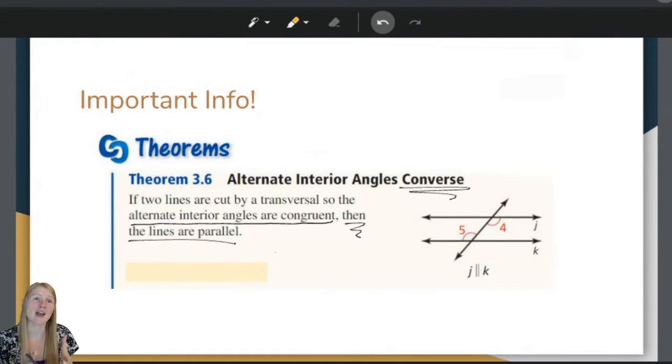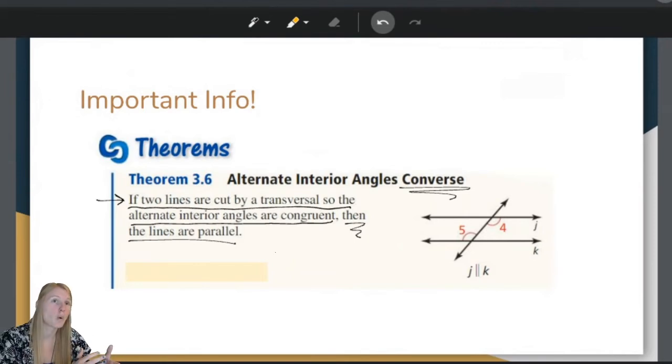So you'll notice a pattern in these theorems too, just like we noticed a pattern in the last theorems. The pattern here is that we always start with if two lines are cut by a transversal, so the alternate interior angles are congruent, the corresponding angles are congruent, whatever, then the lines are parallel.